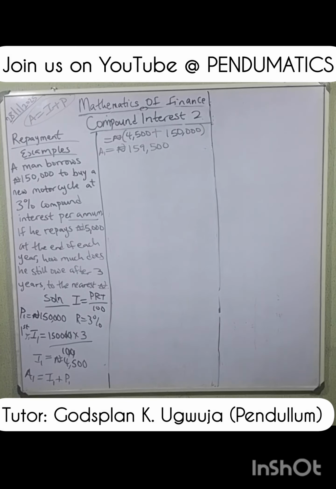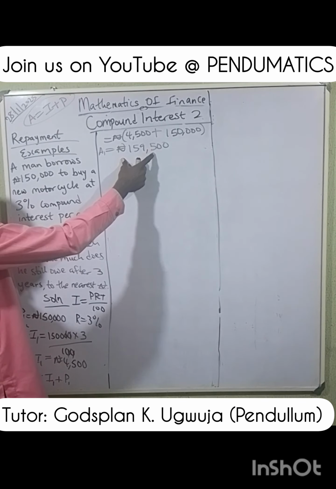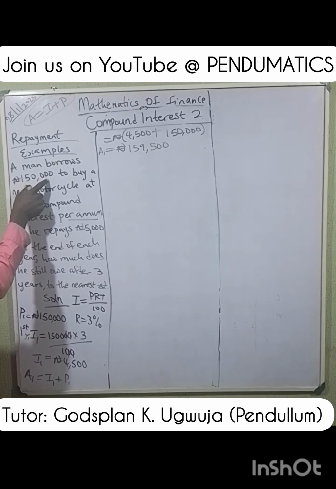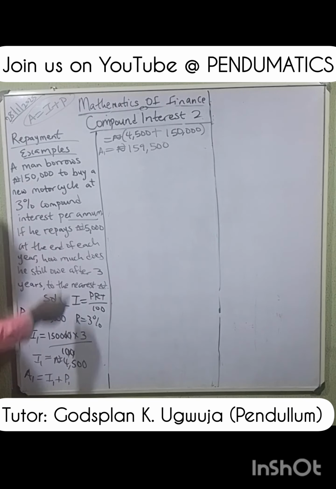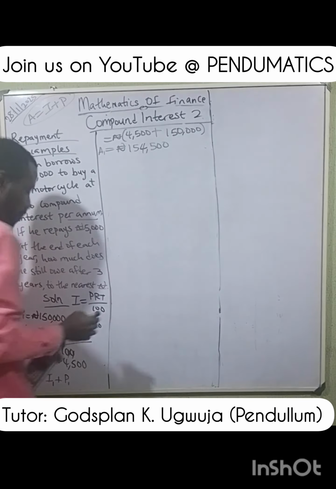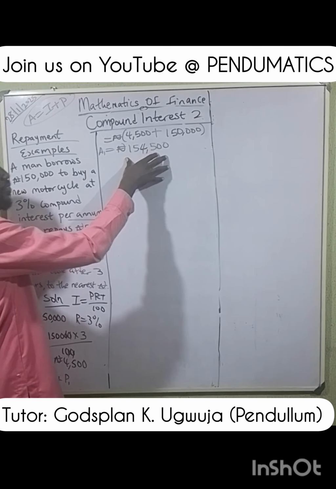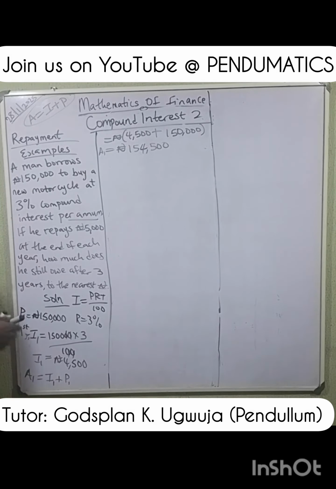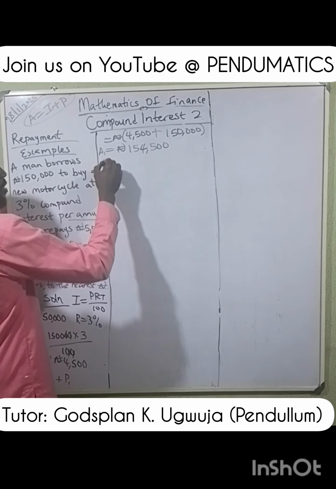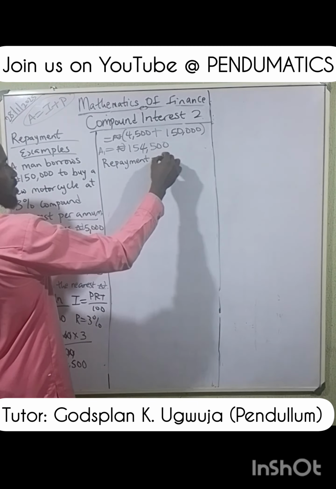Now normally we'll just use this as our principal for year 2, but don't forget that this question is a repayment question, meaning that this is the amount the person owes at the end of year 1. He borrowed 150,000, and it has grown to 154,500 at the end of the first year, but his repayment was 5,000.